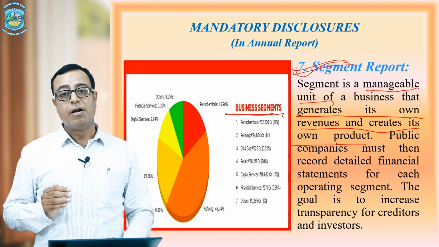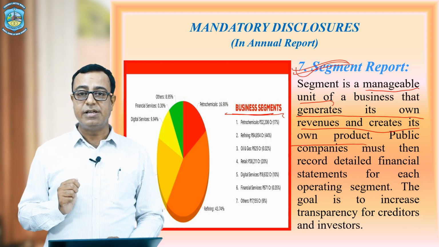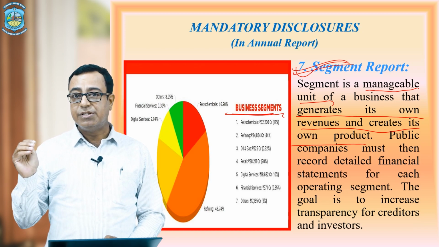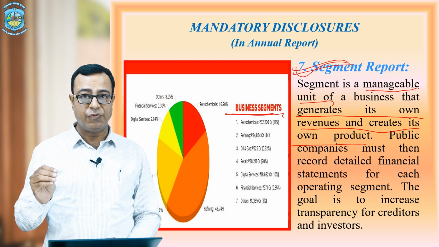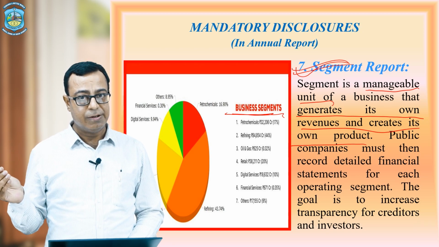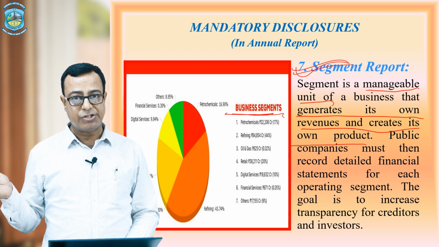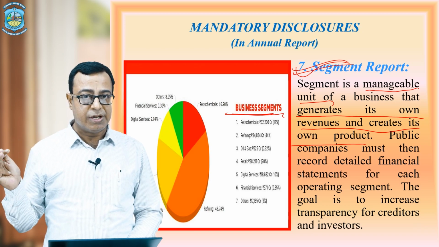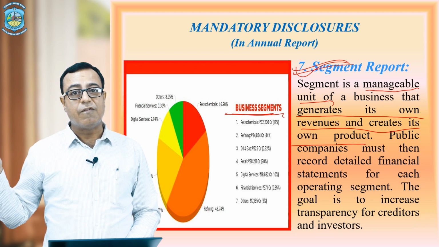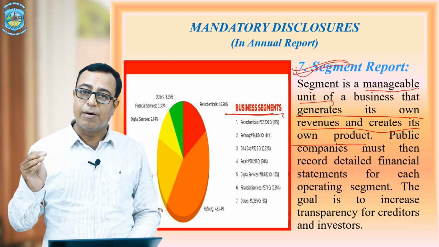For example, we are taking the example of ITC. The business of ITC involves the hotel industry, the FMCG industry, the stationery industry, the corrugated box industry. So all these different divisions of ITC are known as segments.